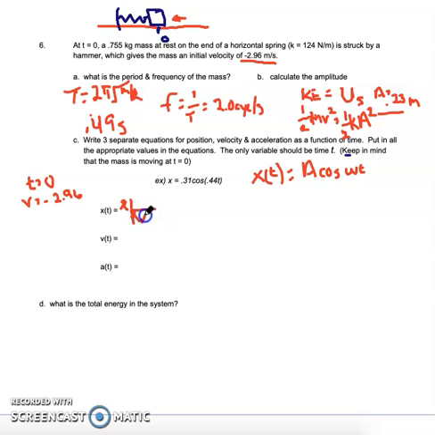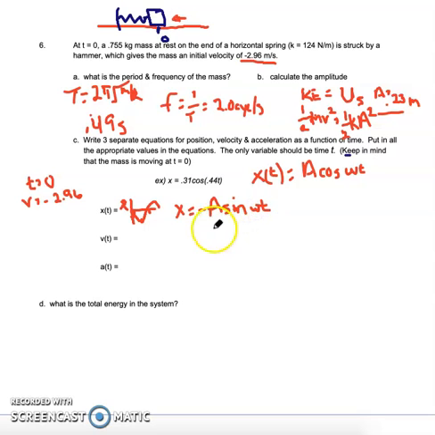I don't need much more to figure out that this is the shape of the graph, and that's a negative sine graph. So we're going to still use this form, but instead of cosine, we're going to have a negative sine. So the generic equation then is x equals negative A sine of omega t.